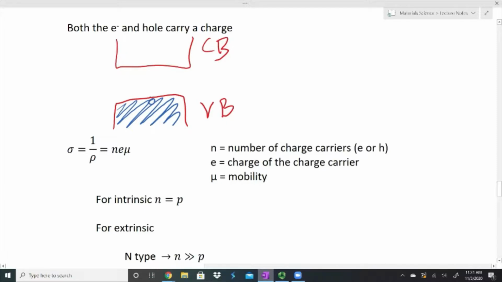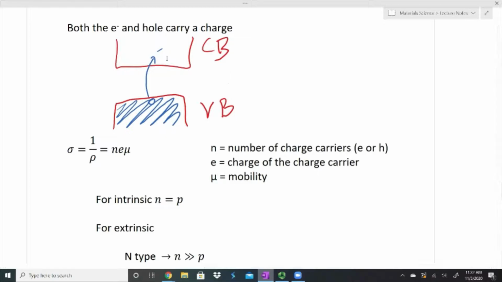If I can promote an electron, what happens is as I promote an electron, this electron goes up to the conduction band and it leaves a hole behind. I now have 2 things that are charged here. I have my negatively charged electron in my conduction band, and in my valence band I have a lack of a negative charge, or what we call a hole. Both of these carry a charge. So every time I promote 1 electron in my intrinsic semiconductor, I actually get 2 charge carriers.